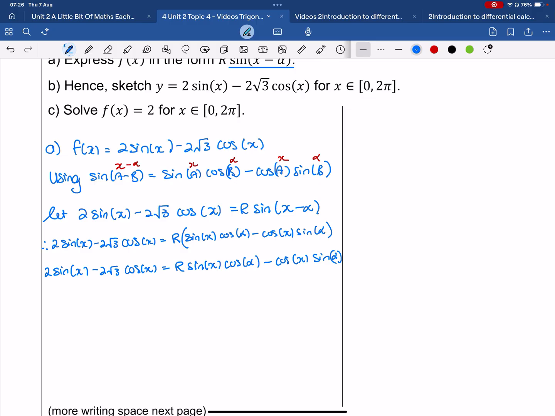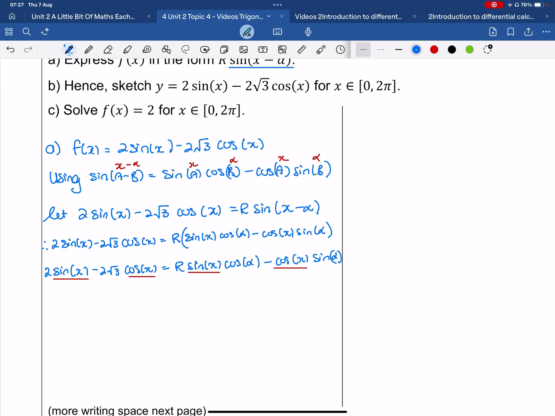All right. Now, I want you to notice something interesting, okay? And bear with me here. On the left-hand side, I have a sine of x, and on the right-hand side, I have a sine of x, and on the left-hand side, I have a cos of x, and on the right-hand side, I have a cos of x.